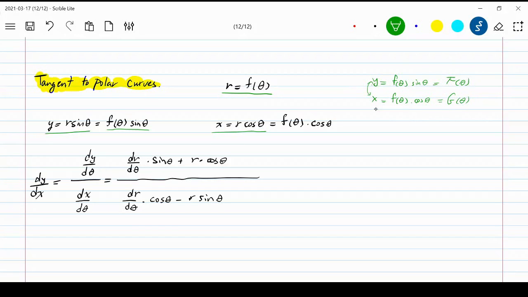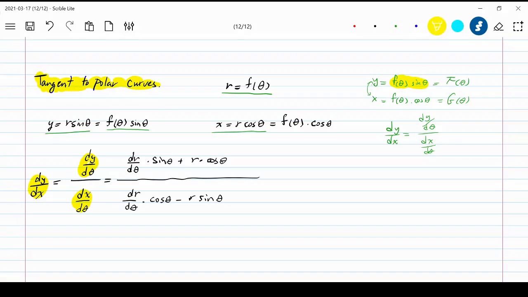And now we can discuss what dy over dx is. What is the derivative? In our notation, it should be dy over d theta divided by dx over d theta, based on the parametric equations that we learned. Then just apply the derivative to each term.